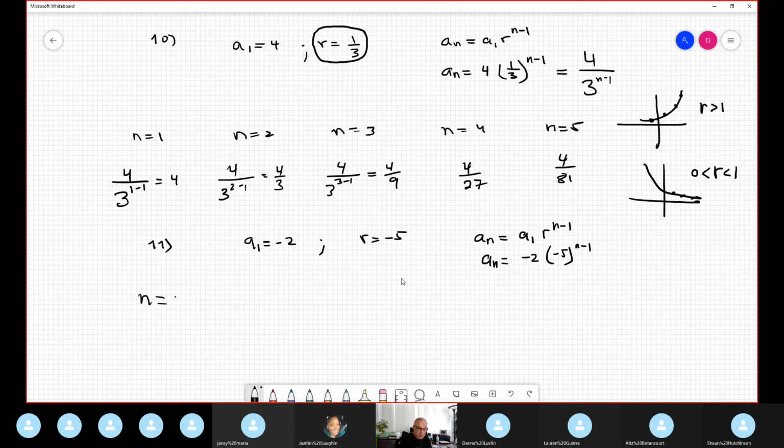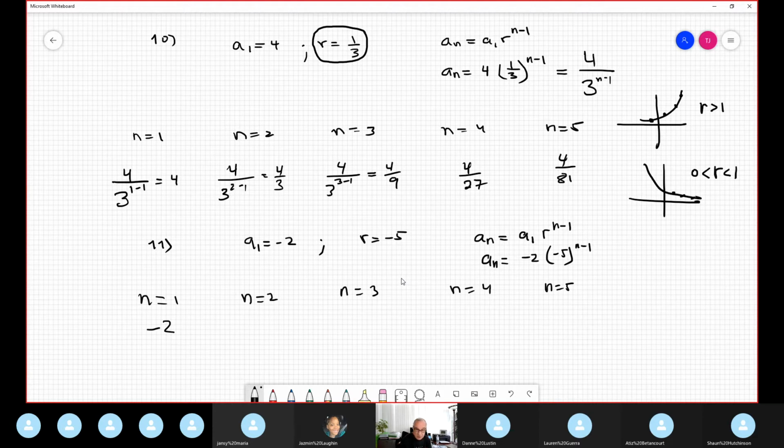n equal 1, n equal 2, n equal 3, n equal 4, n equal 5, and you plug in one by one. n equal 1 is negative 2, it's obvious, right? It's negative 2 because 1 minus 1 is 0, negative 5 raised to the 0 power is 1, so only negative 2 stays alive. And for n equal 2, it's different, it's 2 minus 1.